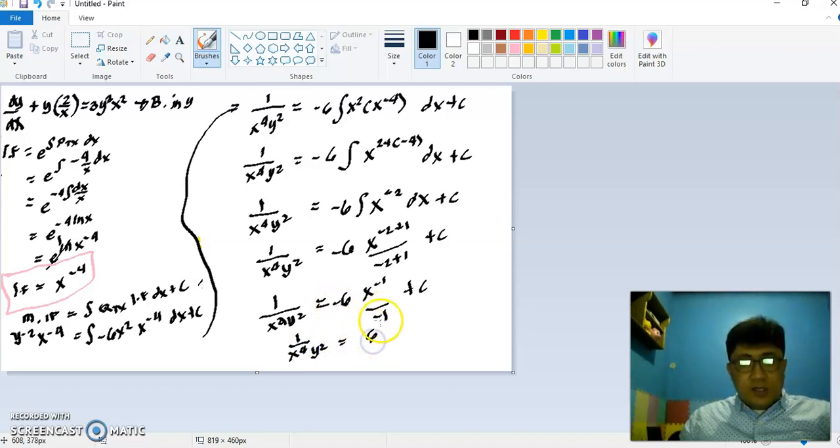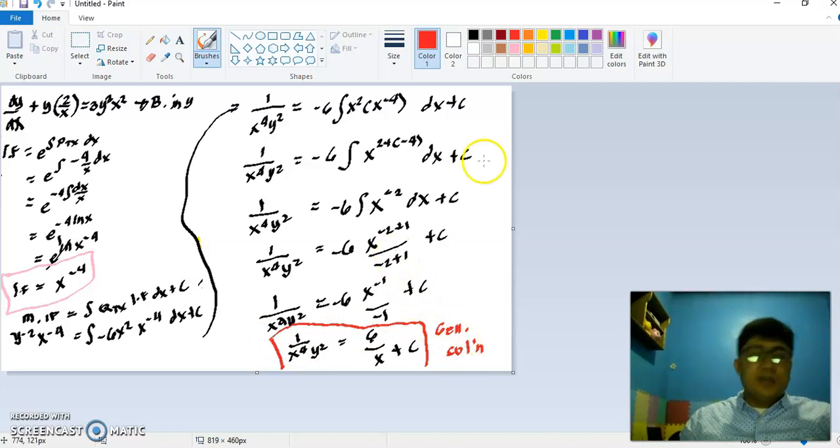We have 6 divided by 1, that is still 6. So negative 6 divided by negative 1 is positive 6, times x raised to the power of negative 1, or 6 over x plus c. So basically, this is our general solution. Okay?